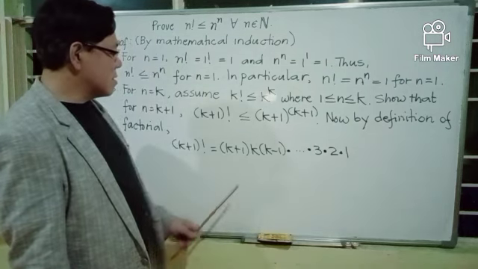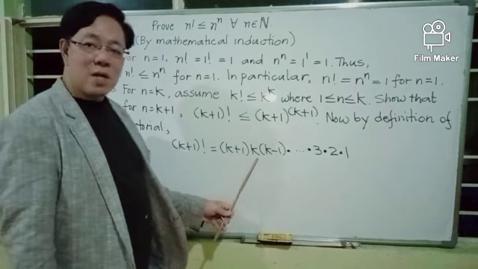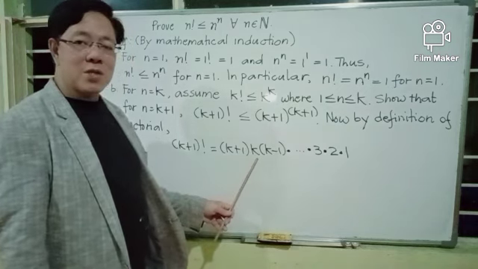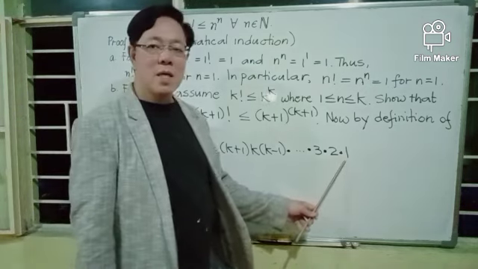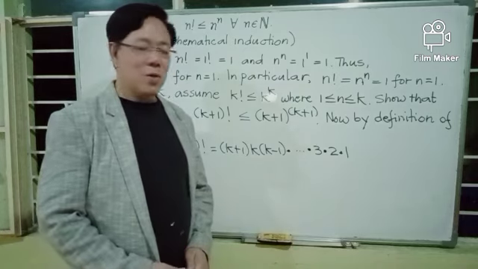But the product from the positive integer k down to 1 is k factorial.